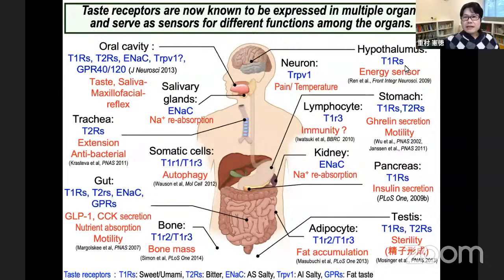For example, the hypothalamus regulating food behavior expresses T1R 1, 2, 3, which may relate to an energy sensor. The pancreas is important to secrete insulin. Pancreas expressed T1R 1, 2, 3. This regulates insulin secretion.